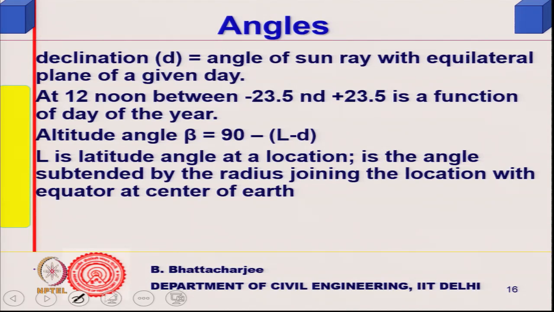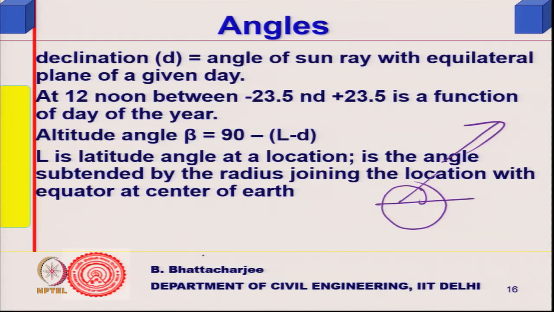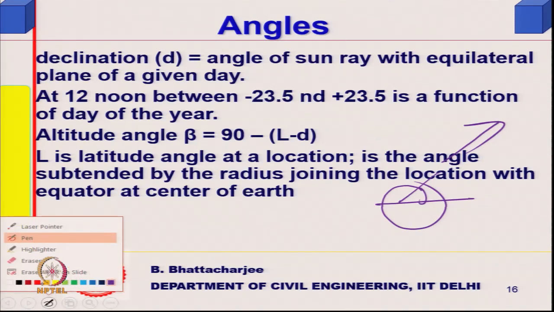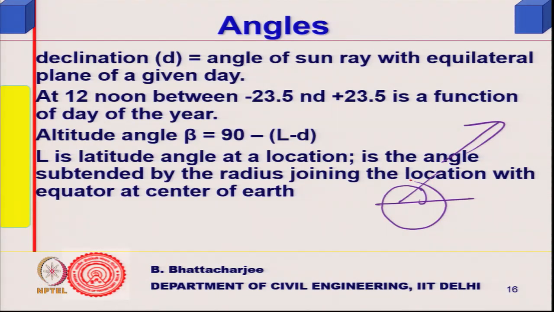Now, if I look at this diagram, this is the declination angle, the sun's ray is like that, and for any horizontal surface here, the sun's ray is like this, let us say its latitude is something of this kind, right.